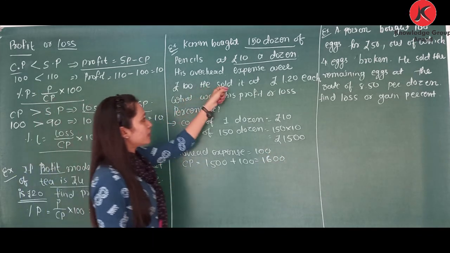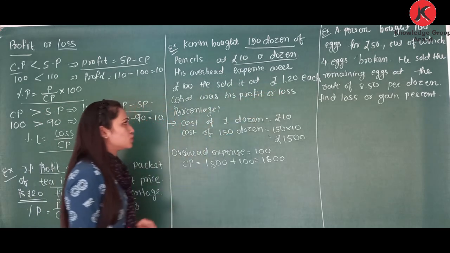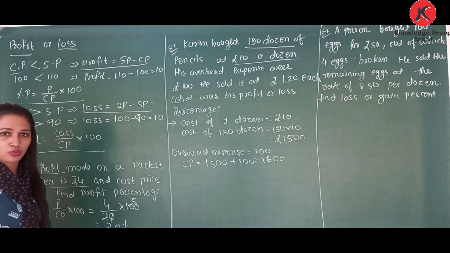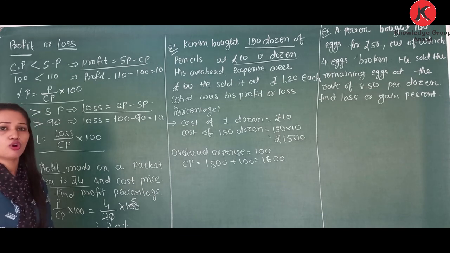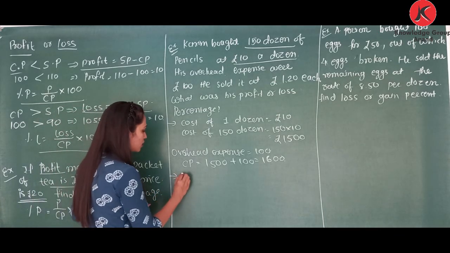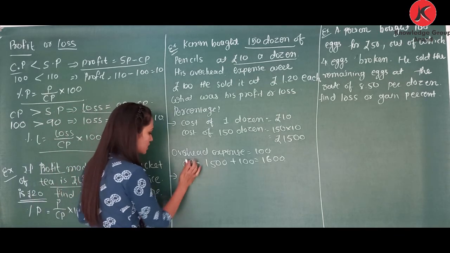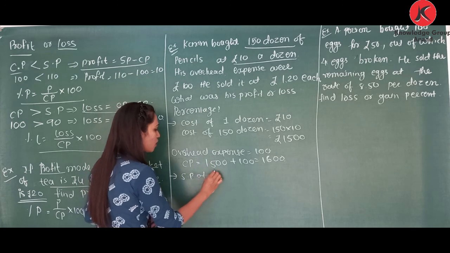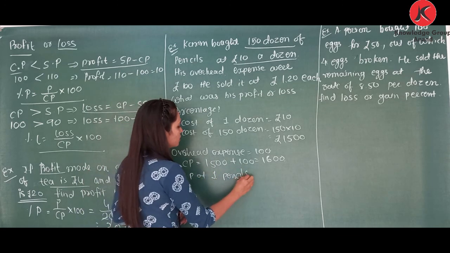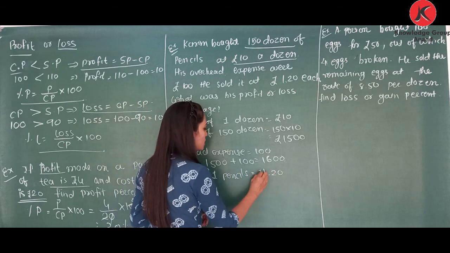Now we sold it at 1.20 each. Each pencil is sold at 1.20 rupees. So what is the selling price of 12 pencils, because 1 dozen is 12? The selling price of 1 pencil is 1.20 rupees.